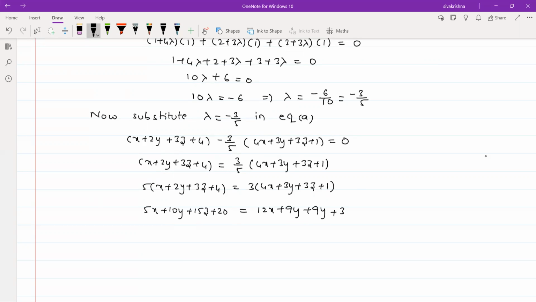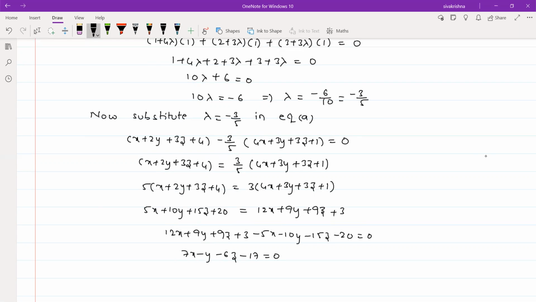We bring all the terms to one side, so we get 12x plus 9y plus 9z plus 3, and bringing the left side terms to the right side, minus 5x minus 10y minus 15z minus 20 equals 0. So 12x minus 5x gives 7x, 9y minus 10y gives minus y, 9z minus 15z gives minus 6z, and finally 3 minus 20 gives minus 17 equals 0.